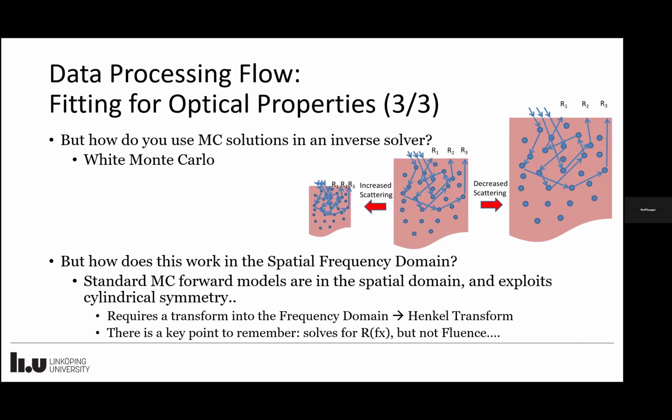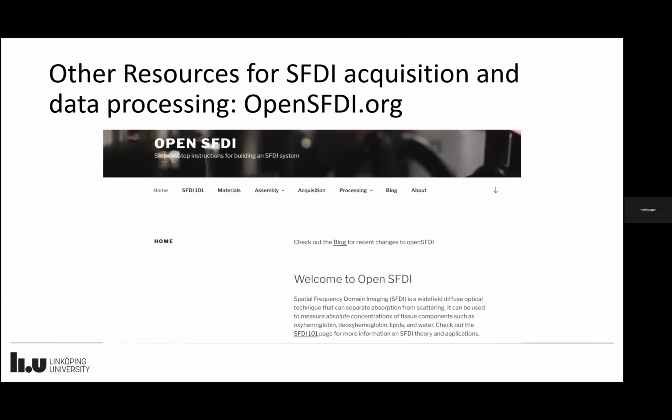You get the solution at the boundary. So that was always this kind of issue where trying to do depth resolved types of things, you would get depth resolved dependence in the reflectance, but you couldn't get access to the fluence anymore because of the transform. It eliminates that spatial information you had in the original Monte Carlo because it was in the wrong domain. But yeah, we'll get to that later.